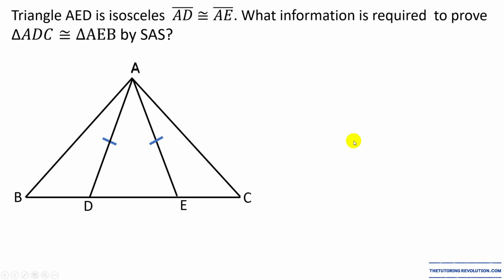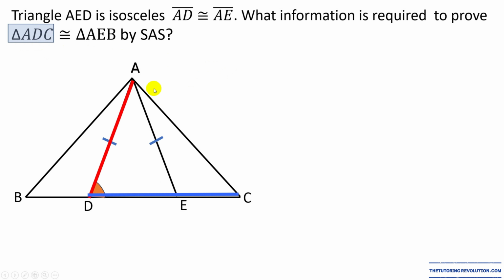Now, if you don't want to split the triangles to analyze this problem, you can still work with this figure here. So again, you need to analyze first your triangle ADC. That's ADC.